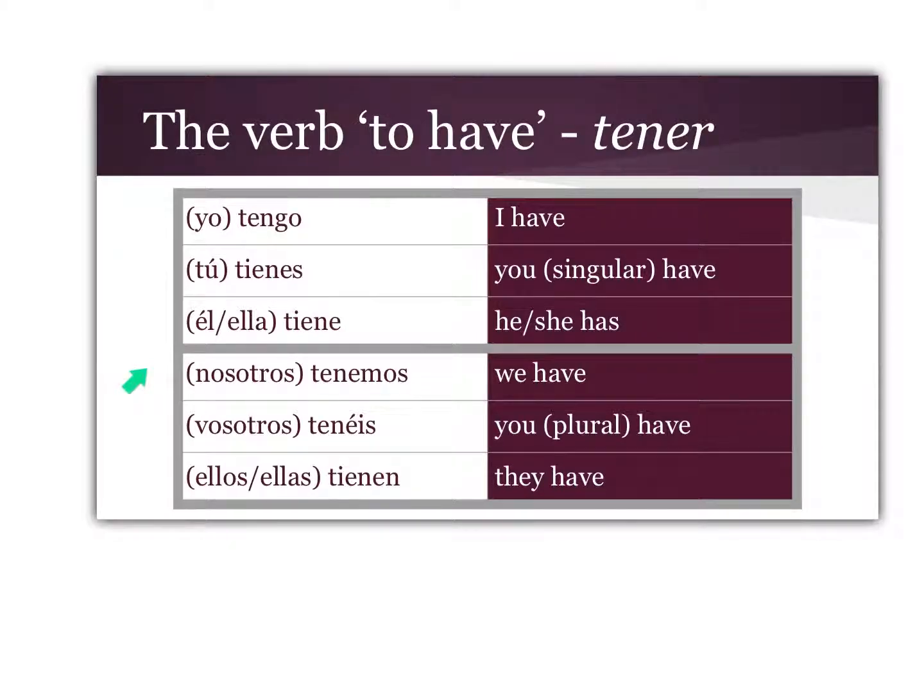Nosotros tenemos un gato, we have a cat, first person plural. Vosotros tenéis un gato, you, more than one of you, all of you, have a cat, second person plural. And finally, ellos or ellas tienen un gato, third person plural, they have a cat.